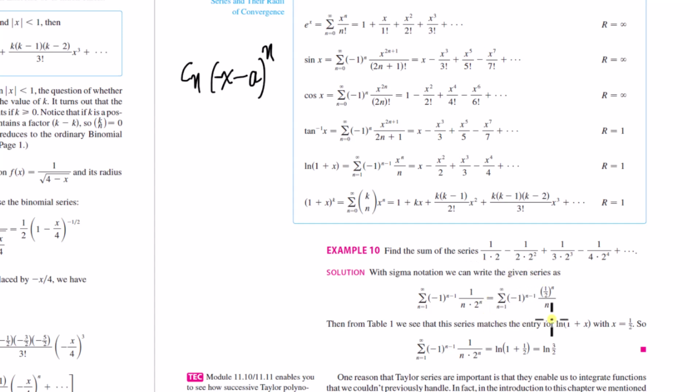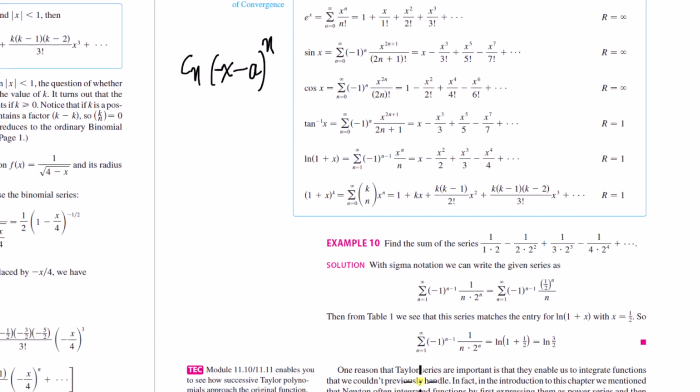So now they're comparing this a sub n to the a sub n's, not the functions, and you can see that this has the same form as this here, x to the n over n, but the x is 1/2. So this is natural log of 1 plus x, natural log of 1 plus 1/2, that's natural log of 3/2. And 1/2 is within the radius, it's a valid input. You can only input anything between 1 and -1, but they don't say anything about the endpoints.